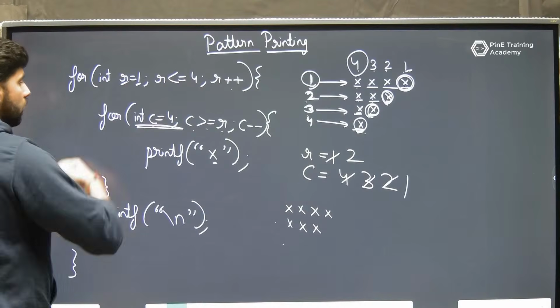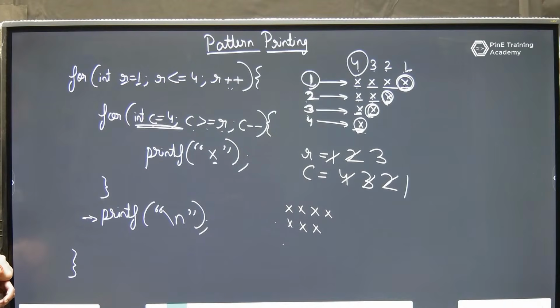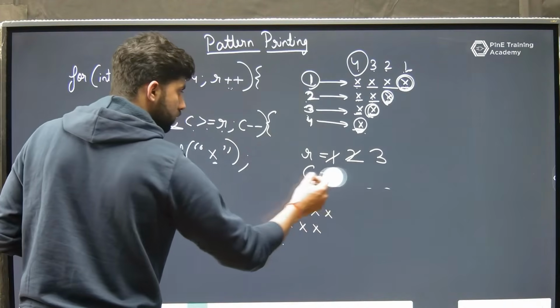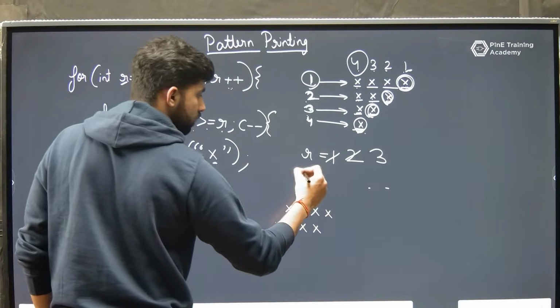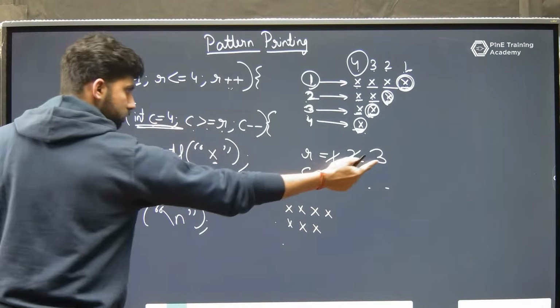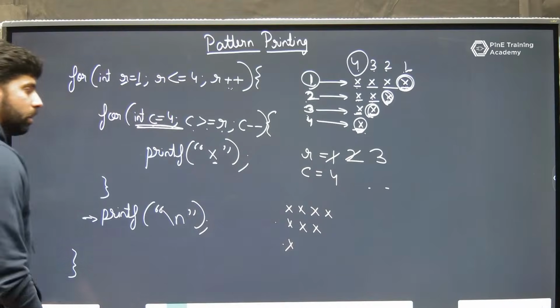Okay. After all this, r will be incremented to 3. We will again start from c equals to 4. That means like this. Is 4 greater than equals to 3? Condition is true. We will print it.